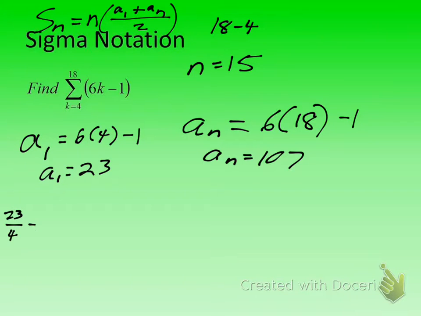K of 5, k is 6, 7, 8, 9, 10, 11, 12, 13, 14, 15, 16, 17, and when k is 18, we get 107. How many tick marks did I make? 15. Yeah, I made 15. 1, 2, 3, 4, 5, 6, 7, 8, 9, 10, 11, 12, 13, 14, 15.